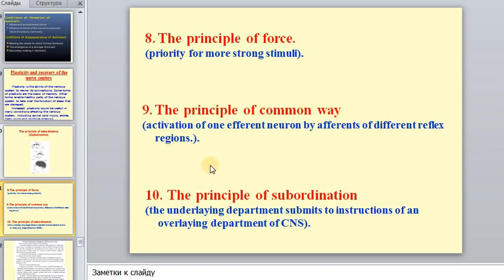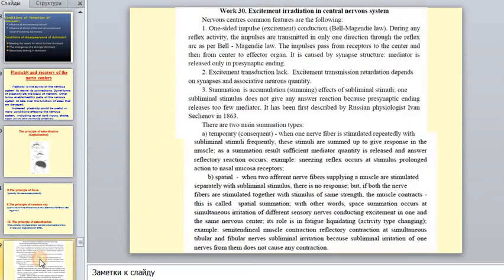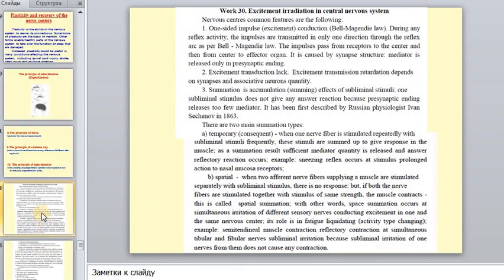We discussed it, and the principle of subordination: the underlying departments submit to instruction of the overlying departments of the central nerve system. So we have the next part of our practical.